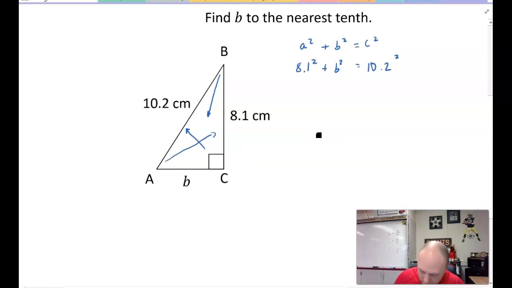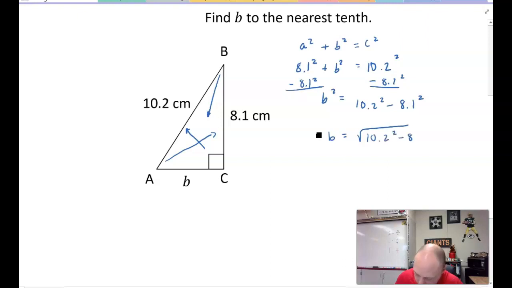Okay, so if I want to find b squared, I can go ahead and subtract 8.1 squared from each side. So b squared is 10.2 quantity squared minus 8.1 squared. And then b is the square root of all that, 10.2 squared minus 8.1 squared. Okay, and let's see what this is approximately.